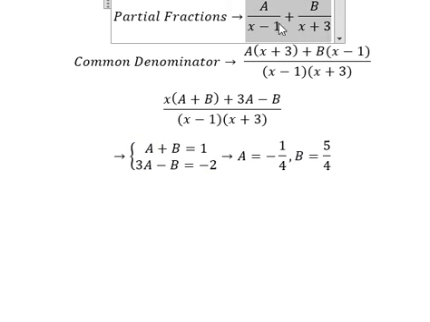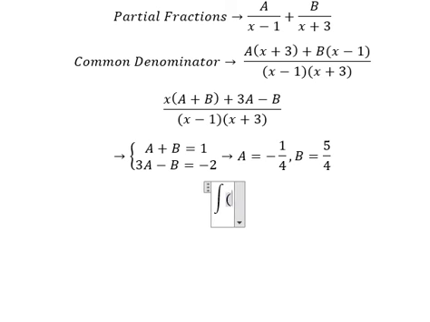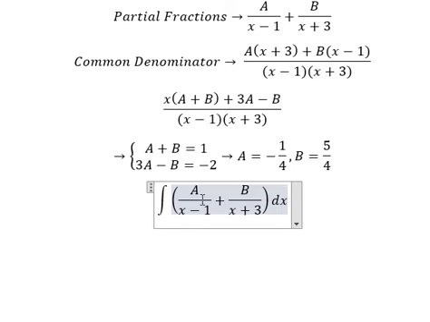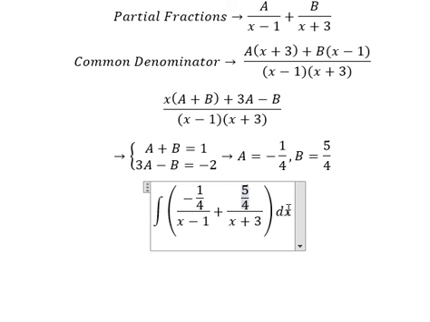So we put the value of a and b in here. So we have a equals negative 1 over 4, b equals 5 over 4, and now we have the final answer.